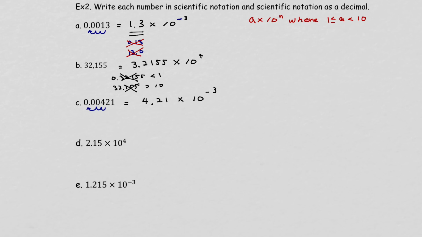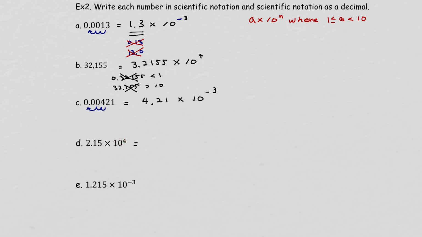Let's look at the other example, going backward from the scientific notations to the natural numbers or decimals, right? This is trying to make it larger, right? Because you have a positive exponent.